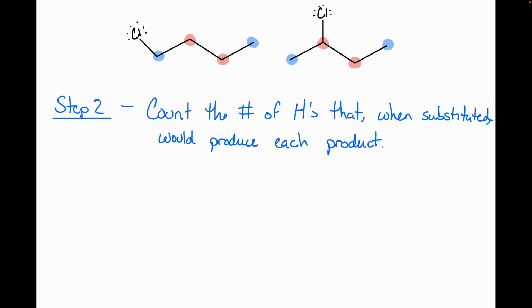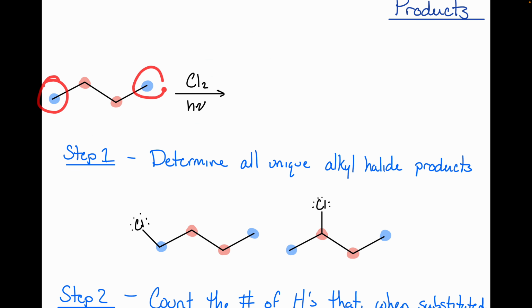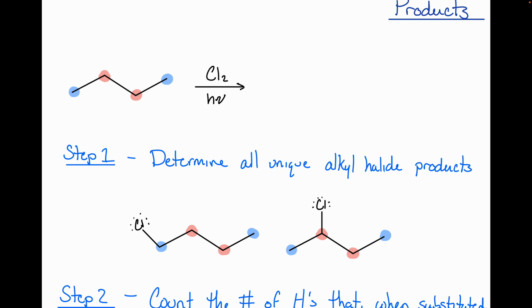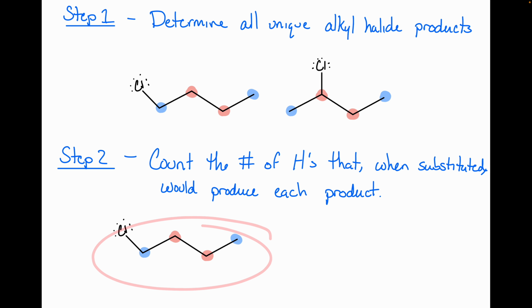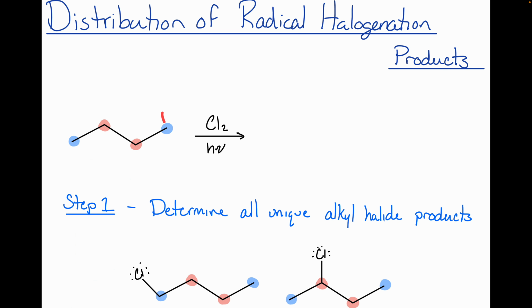So let's look at our 1-chlorobutane here. How many hydrogens are there in that blue group that, if I substituted, would give me that 1-chlorobutane? How many hydrogens are over here? 3. If I took any one of those 3 hydrogens and replaced it, I would get this product here. But not only that, same thing on this end here. How many? 3.